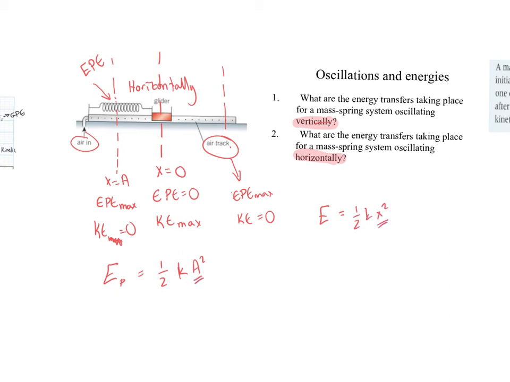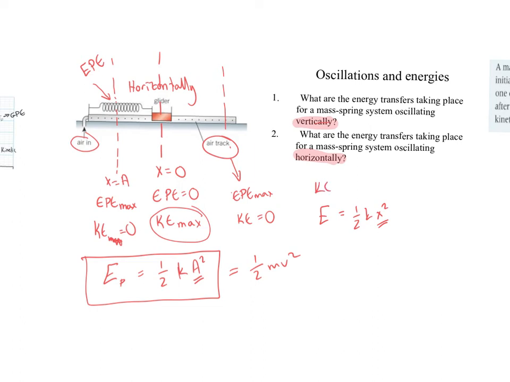In this case, we replace it with the amplitude, since that's going to be the extension or compression of the spring. And by the way, if this is the maximum elastic potential energy, it will obviously be the maximum kinetic energy, assuming there's no energy losses. So you can easily calculate the speed of an object using this if you know its mass.